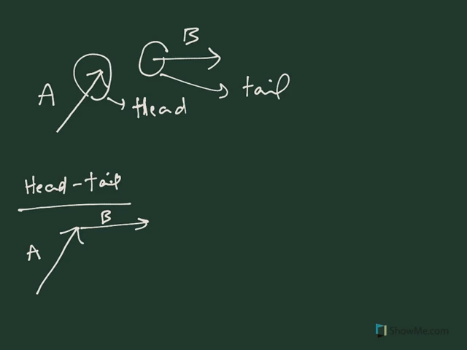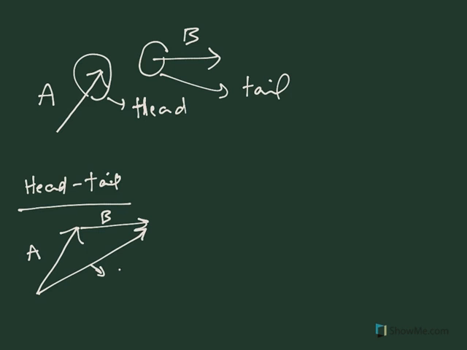And when adding two vectors head to tail, their resultant should be added as well. And the resultant will be added from the tail of the initial vector, which is vector A, to the head of the final or second vector in this case.